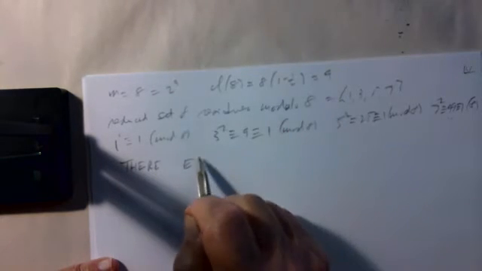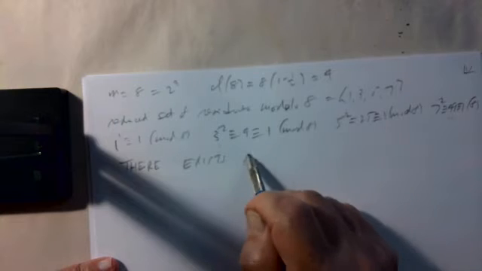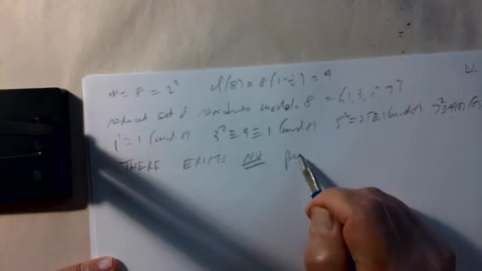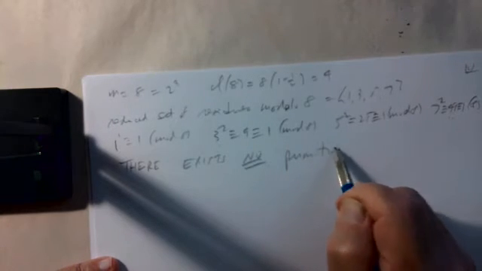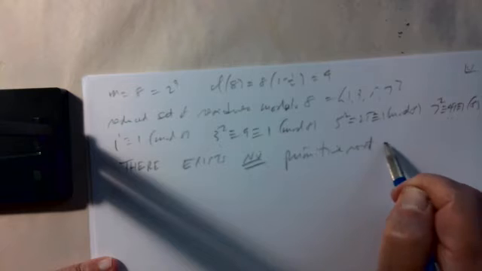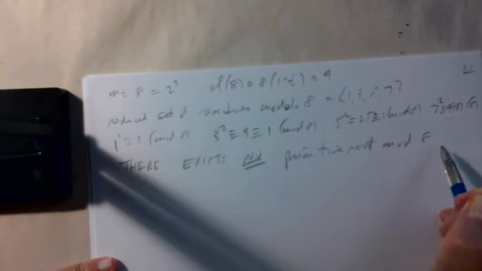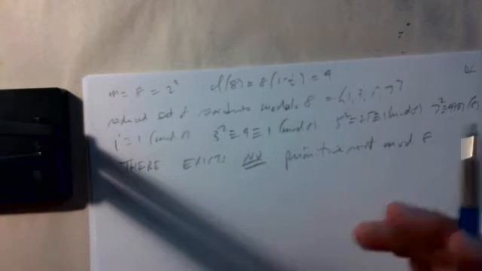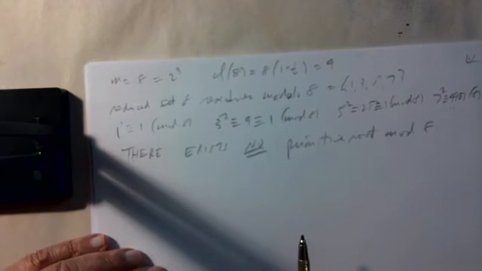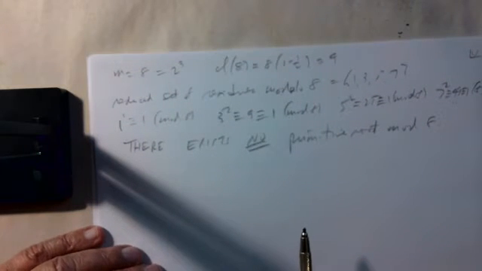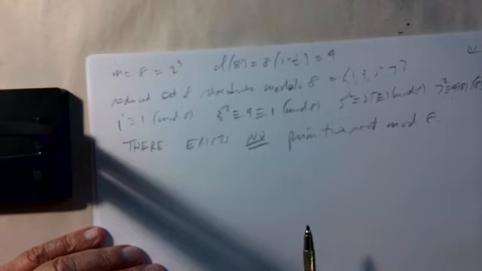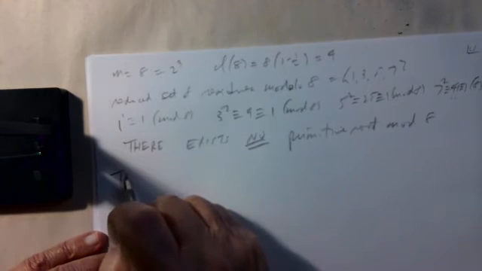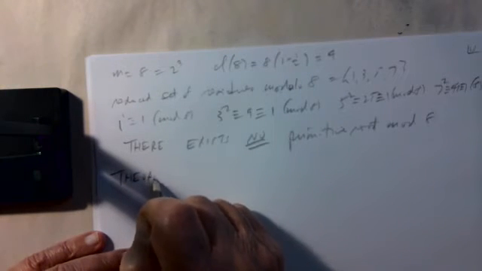So there exists no primitive root mod 8. So primitive roots don't always exist. But for us, in the most important case, they do exist. So there's a theorem. We'll prove it, but not today.